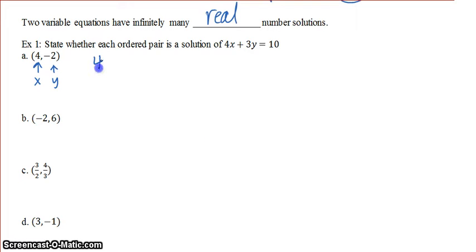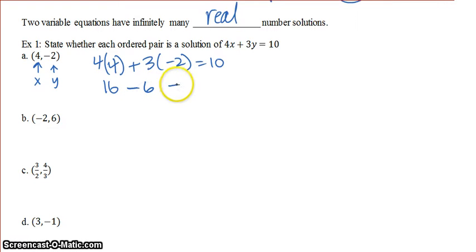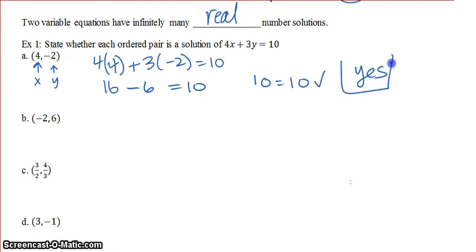So we have 4 times x, which is 4, plus 3 times negative 2, because that's y, equals 10. Well, 16 minus 6 equals 10, and that is true because 10 equals 10. So yes, it's a solution.